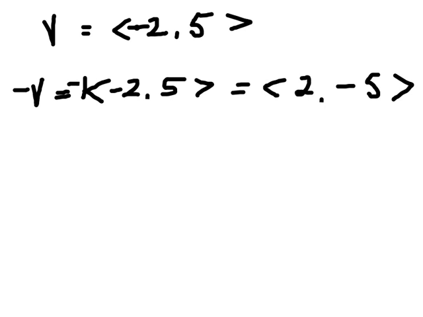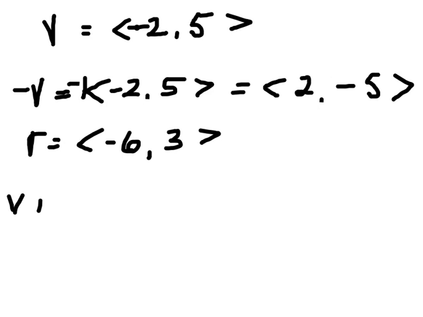I could take two vectors and add them together. Let's say I have a vector r, and it is negative 6, 3. I could say v plus r, and what I would do is just add the x parts together, the x component.